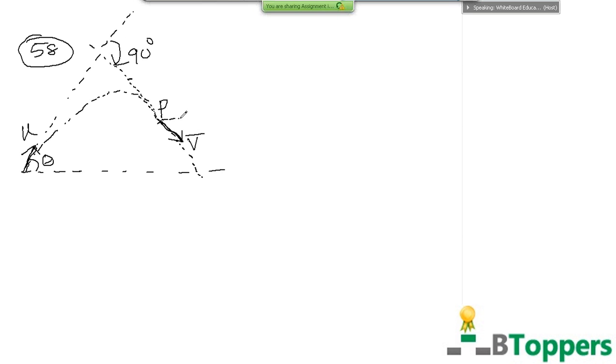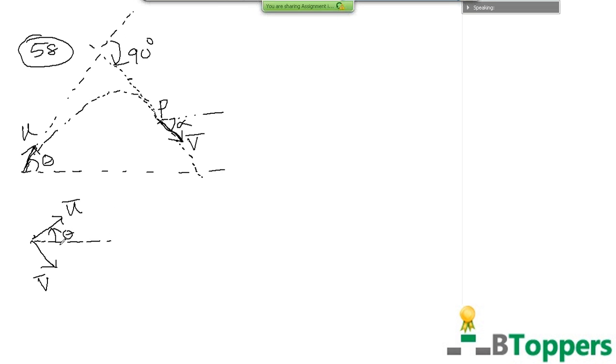Let alpha denote the angle which the velocity V bar makes with the horizontal at the point P. So graphically you can draw both the vectors U bar and V bar in this way. So the tail of vector V bar is attached to the tail of U bar.